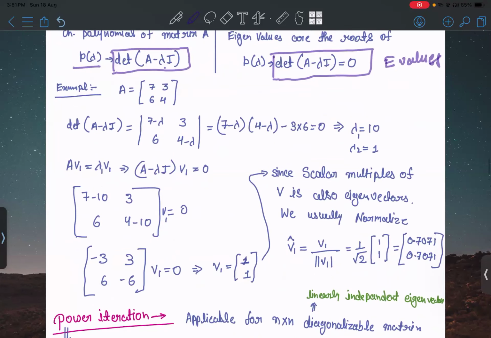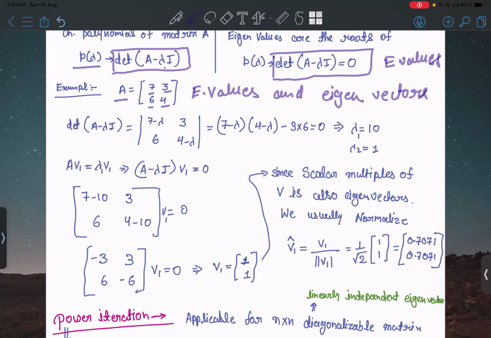Suppose A equal to [7 3; 6 4], and I want to find the eigenvalues and eigenvectors of this matrix.